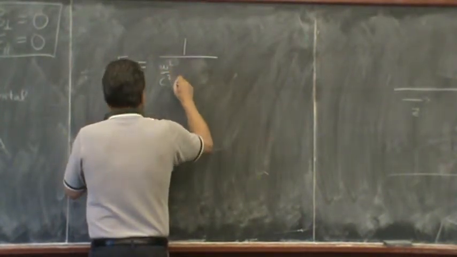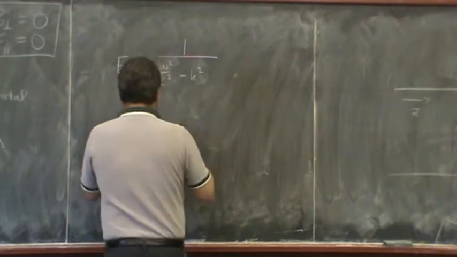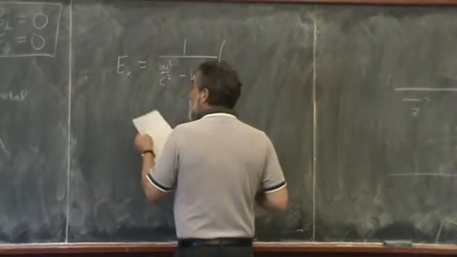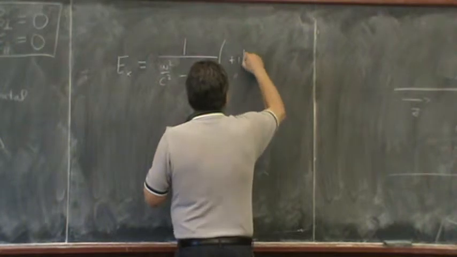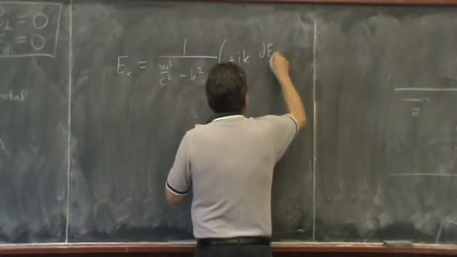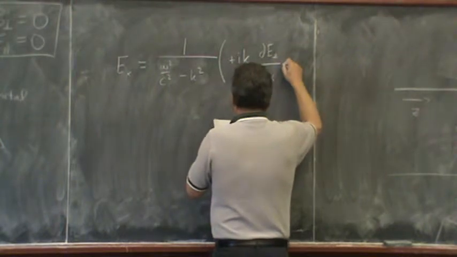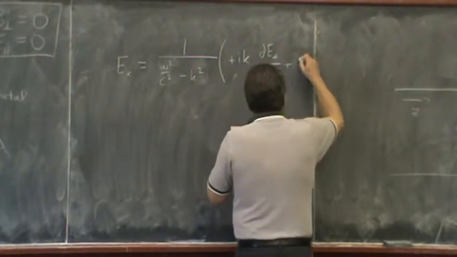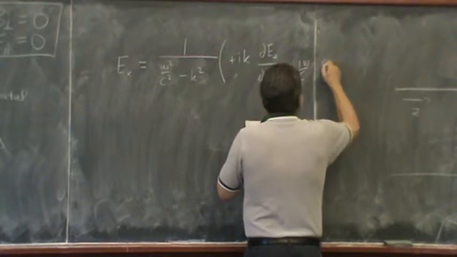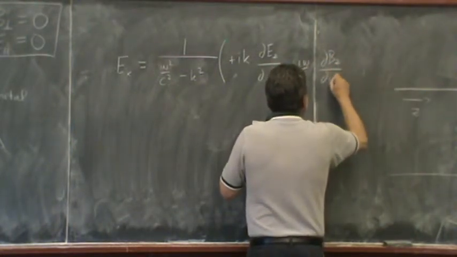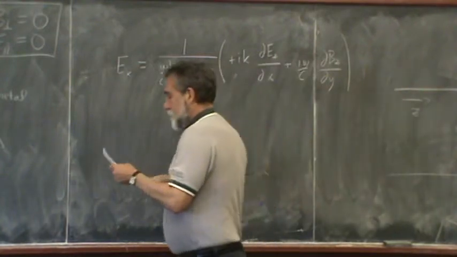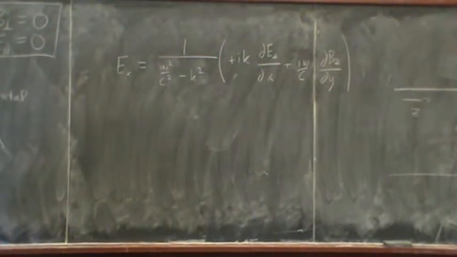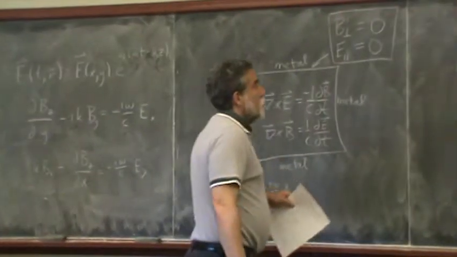Omega squared over c squared minus k squared times, for the propagation direction that I've chosen, plus ik dEz/dx plus i omega over c dBz/dy.